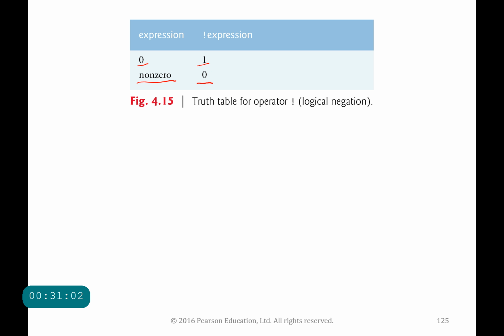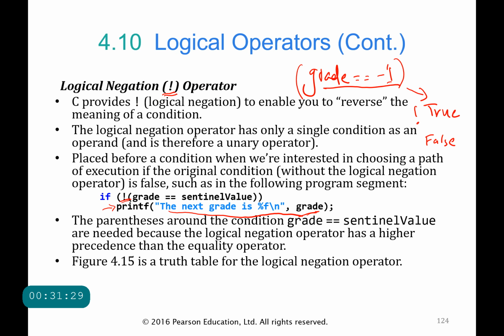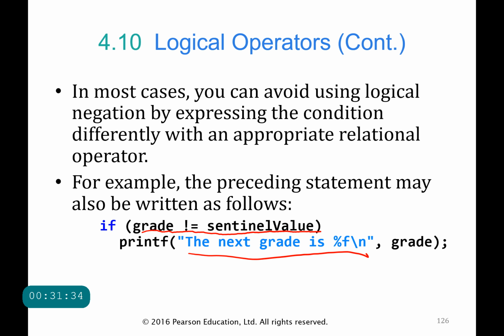Now this does not sound very natural, so oftentimes it's better to write this statement a bit more naturally. You can do it like that, but it's a little bit difficult to understand, so it's probably better to write it the way that it is. So if grade is not equal to sentinel value, then the next grade is this. And this does exactly the same thing as the previous one, but it's easier to understand and interpret because it reads immediately.